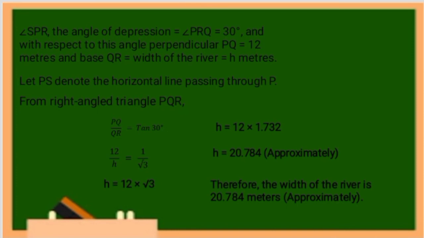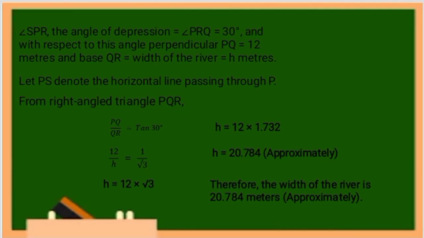So we have 12 over H is equal to 1 over square root of 3. So as what we have done in the first example, we will use multiplicative inverse. So we have H times 1 is equal to H. Then 12 times square root of 3, we have 12 square root of 3. Then the equivalent value of square root of 3 is 1.732.